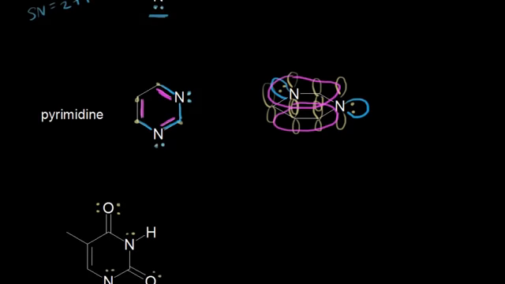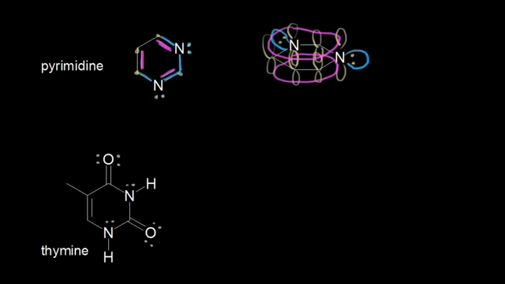And here's an example. This is the thymine molecule, which is of course found in DNA. You'll always see in textbooks that thymine has a pyrimidine ring, but at first it's not so obvious that a pyrimidine ring is present in thymine. Because if I look at the nitrogens in thymine, we'll start with this nitrogen up top here, I can see that this nitrogen has 3 sigma bonds to it and 1 lone pair of electrons.